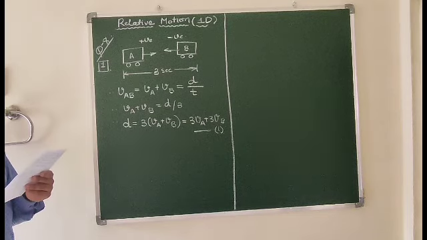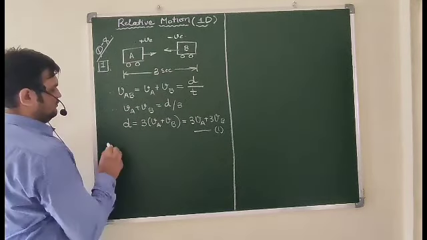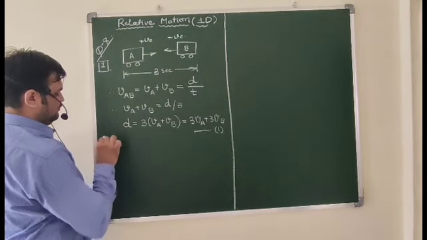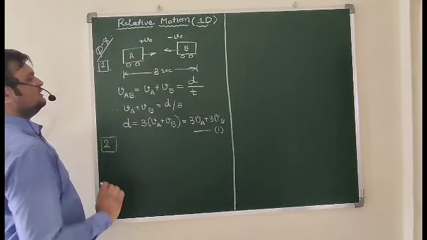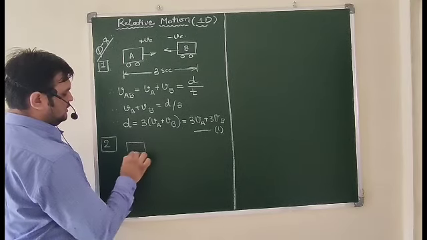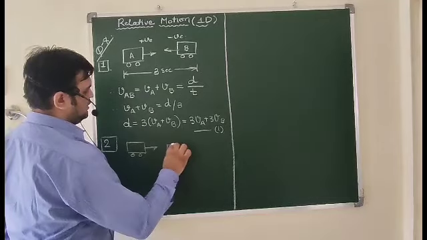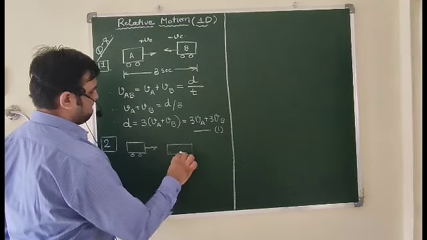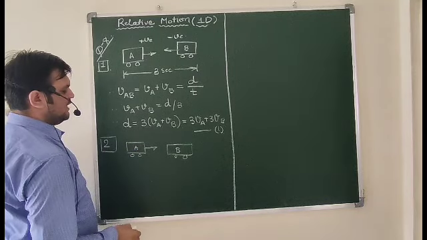Now 2.5 seconds, if the speed of one is increased by 50%. So here case number 2, the speed of A is increased by 50%. So here train A and train B, speed of A is increased by 50%.